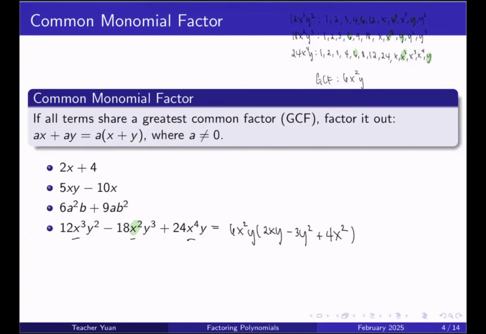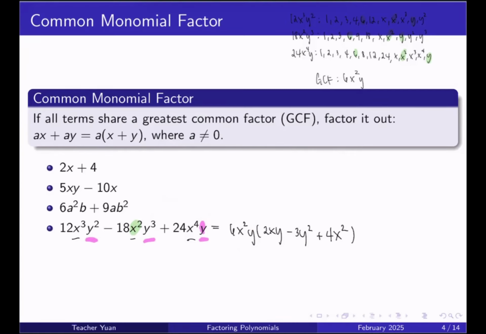On the other hand, for y, we compare y squared, y cubed, and y. Again, we just get the smallest exponent, that is y raised to 1, and so the greatest common factor for y is y. That's why we got 6x squared y.